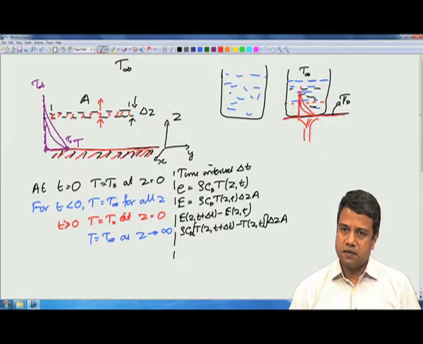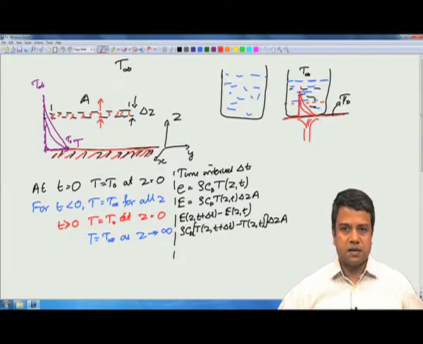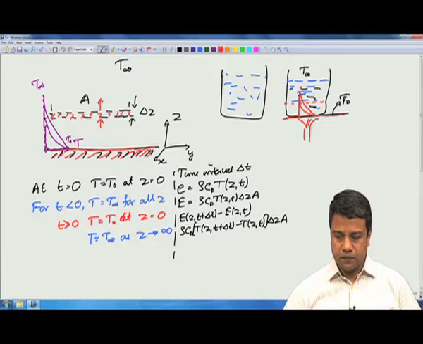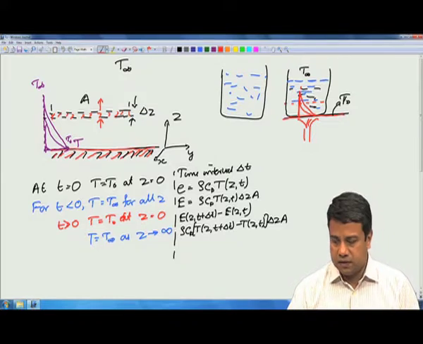We had considered the fluid to be infinite in the xy plane, and we had also considered an infinite fluid in the perpendicular z direction.